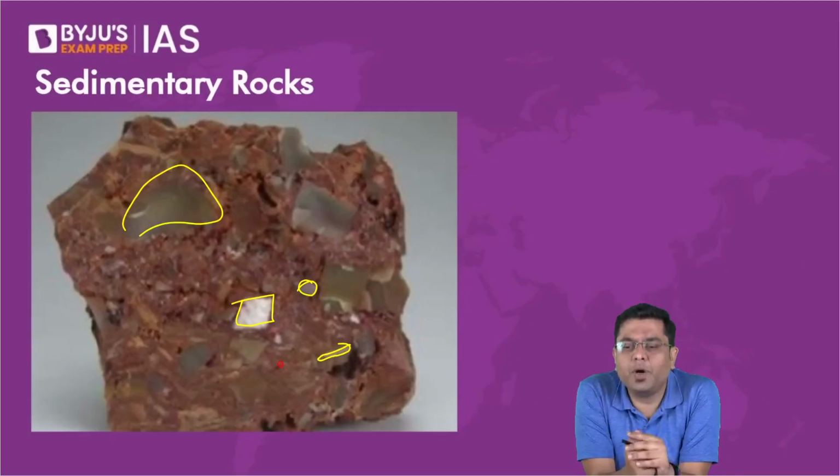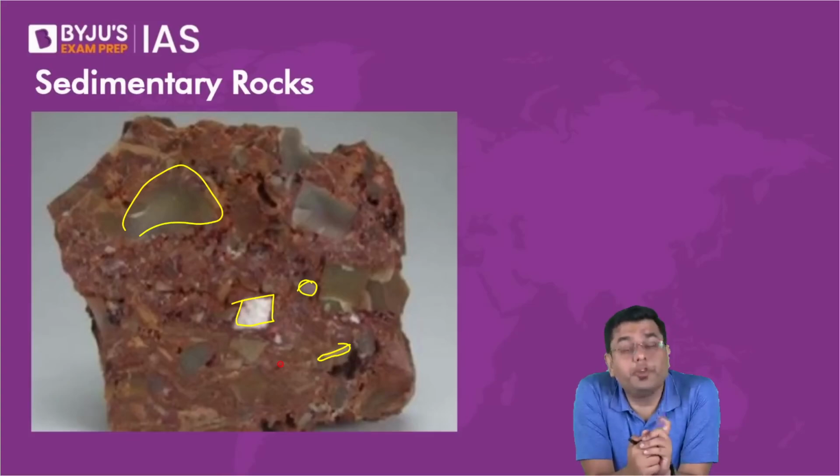Now, if I ask you another question, out of sedimentary rock and igneous rock, where will you have a greater probability of finding the fossils of animals and plants? In the case of sedimentary rocks or in the case of igneous rocks? Good. In the sedimentary rocks.